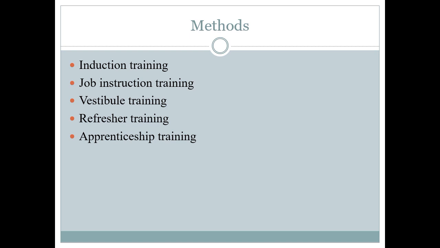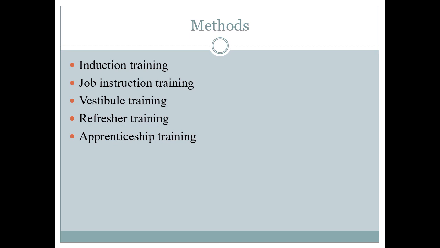For example, if the job role is finance manager, and that person after completing the training program is supposed to be a finance manager, so what is the role of the finance manager? What are the responsibilities of the finance manager?